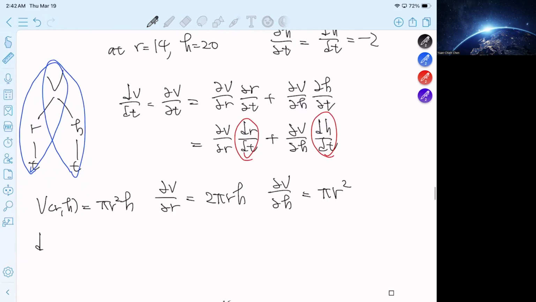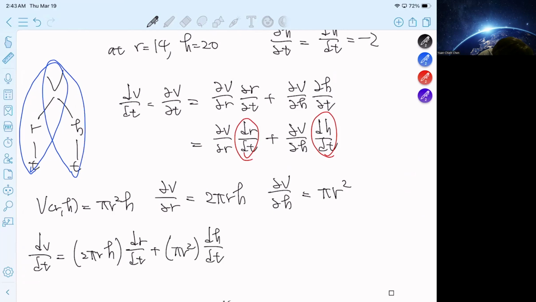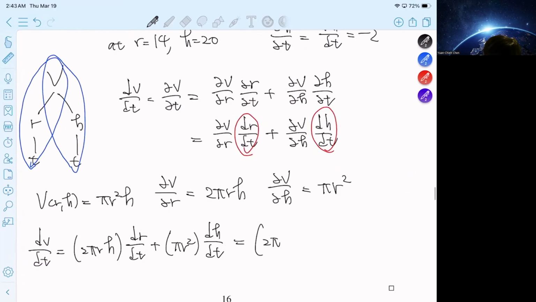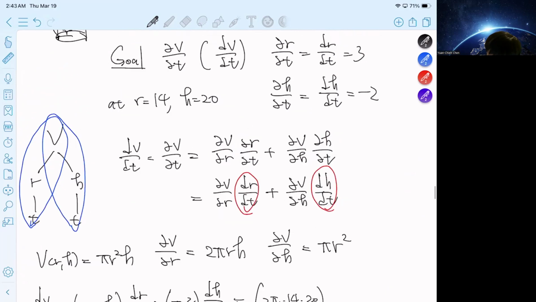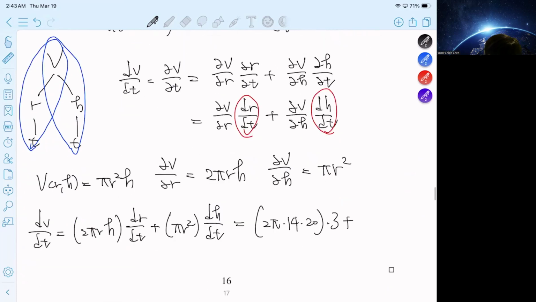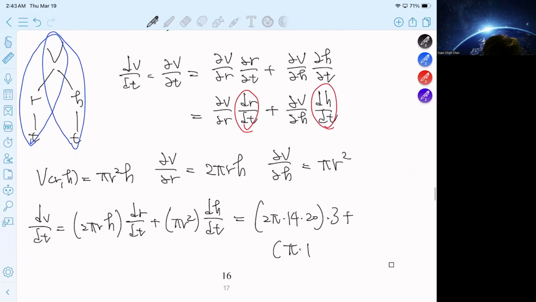So dV dt will just be 2 pi RH times dr dt, plus pi R squared times dH dt. So we plug in numbers: 2 pi, R is 14, and H is 20, and dr dt is 3, plus pi, R squared is 14 squared, times -2.